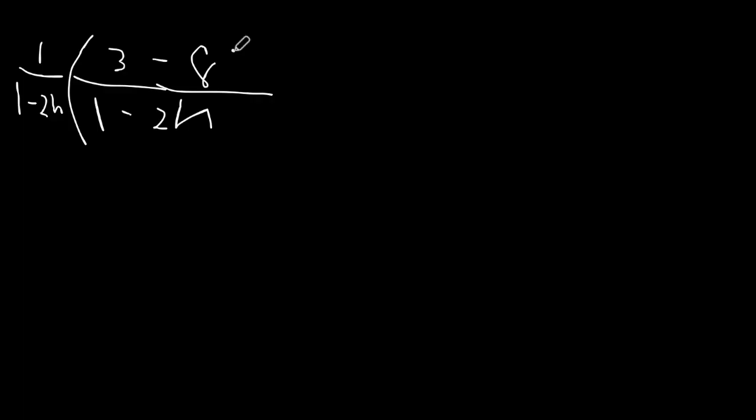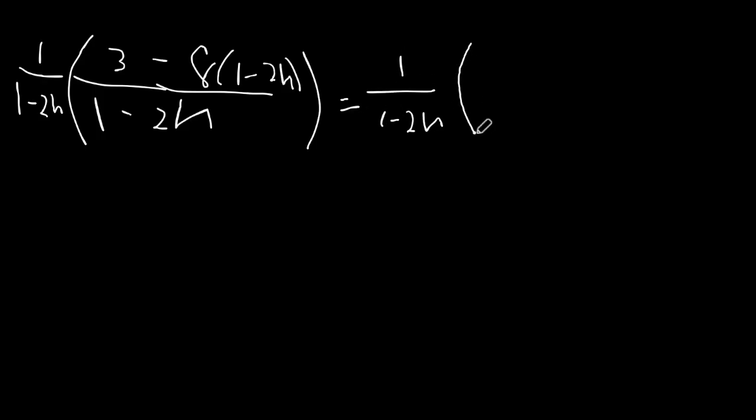Minus 8 times 1 minus 2h gives me 1 over 1 minus 2h, 3 minus 8 plus, minus 8 times minus 2h is plus 16h.